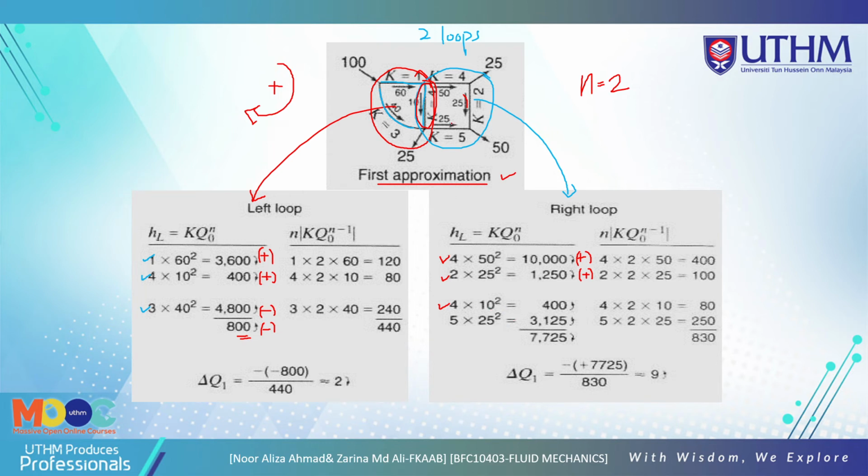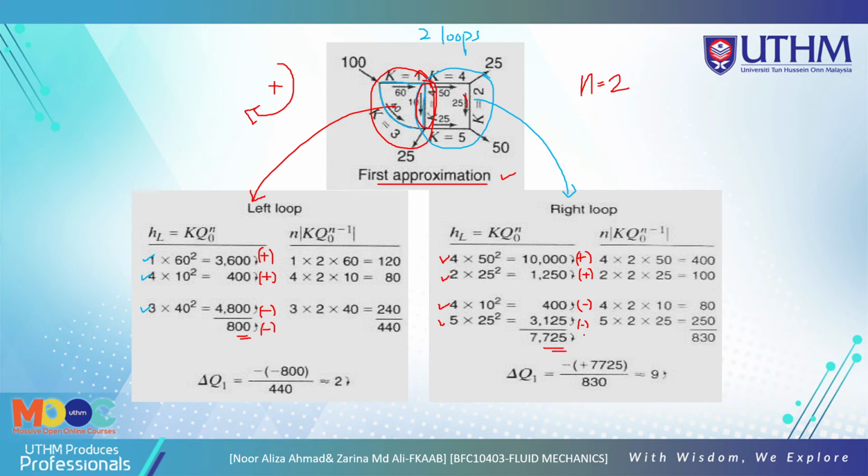But for loop 2, the direction here is negative because it is anti-clockwise. And K5 here, with Q of 25, is anti-clockwise also. So you just calculate: 10 plus here, then you minus 4 and minus here, so you get the value.